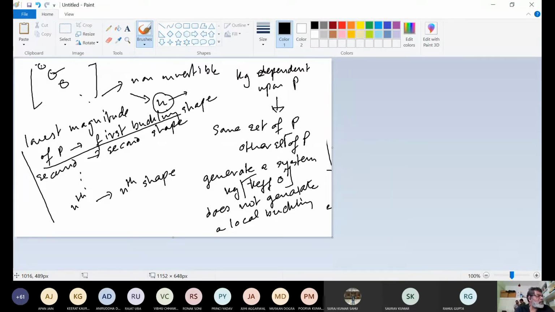What was the term we used? One was a local buckling and one was a global buckling. Whenever Kg makes K effective 0 without generating a local buckling shape, it will make this a global buckling problem. On the other hand, if at this level of forces your individual members buckle, it ends up becoming a local buckling problem.